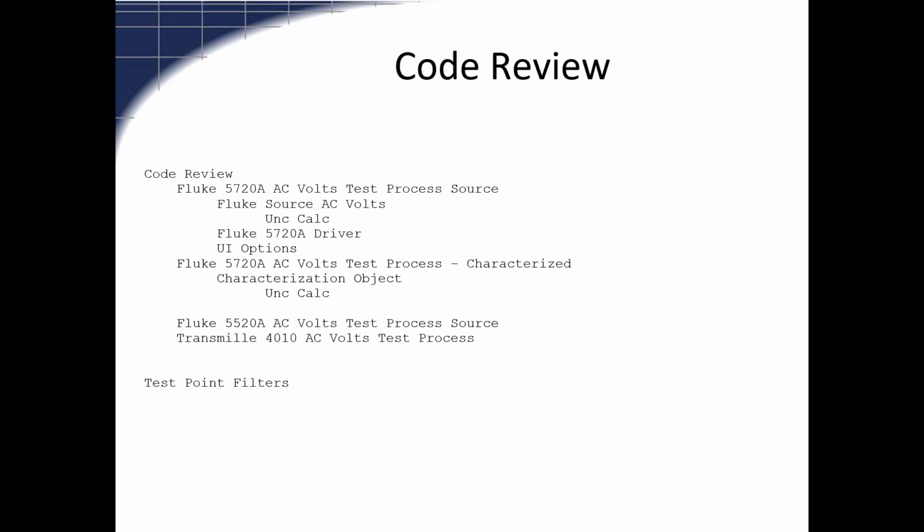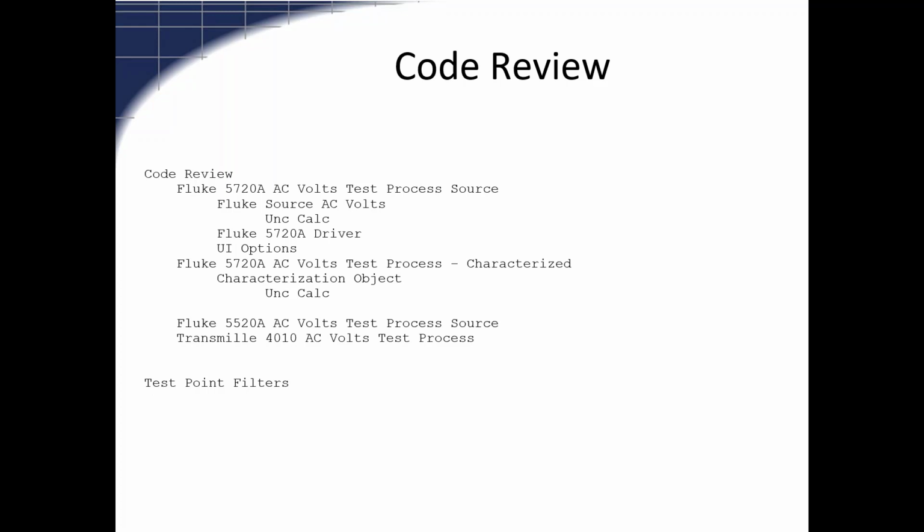So I'm going to jump into the code review, and what I want to go through is a 5720 AC voltage driver. Then I want to look at how the source volts AC subdriver works, how it calculates the measurement uncertainty, and how it calls off the 5720 driver. Then we'll come back in and look at some of the UI options, and look at how we can change that process to a 5720 that's characterized.